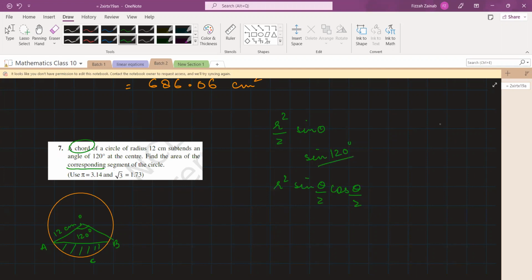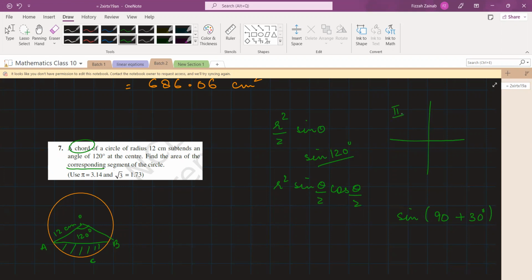See here, the problem is basically you have to divide the circle in quadrant. If you want sine 120, what will happen now? So sine of 120 can be written as 90 and then plus 30. Is that clear? Yes. Okay. So that means it is falling in the second quadrant. Is that clear? Yes.